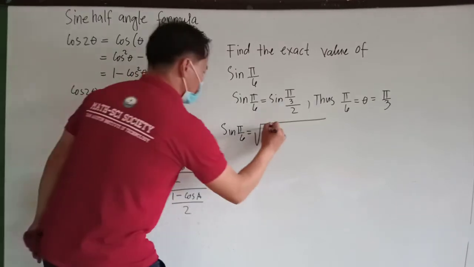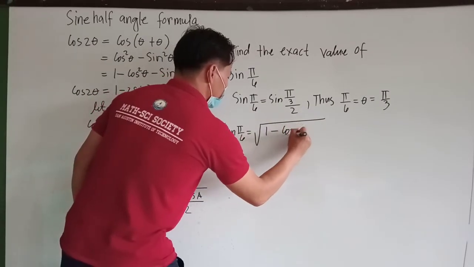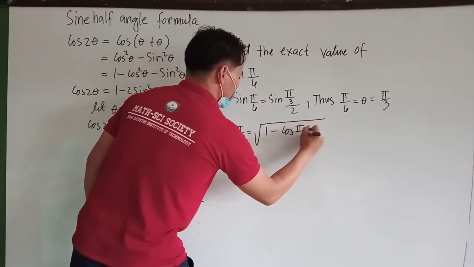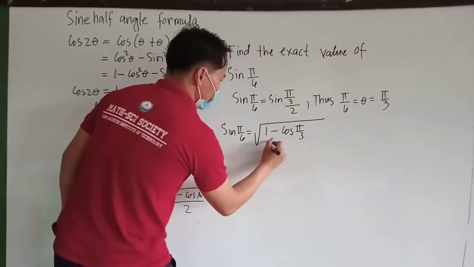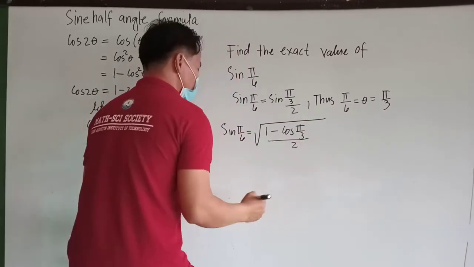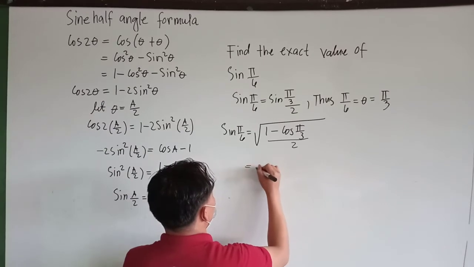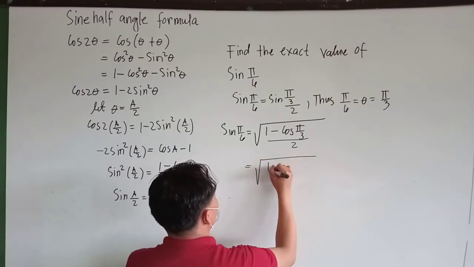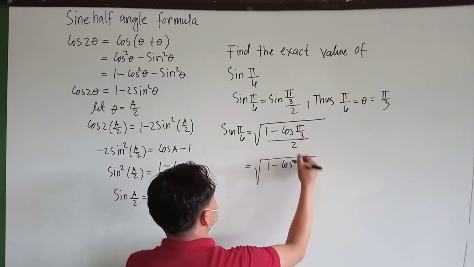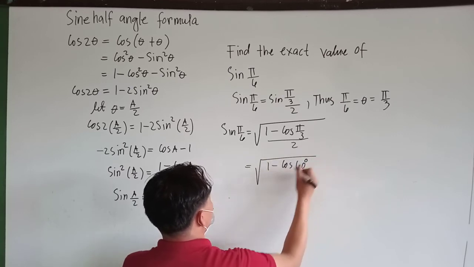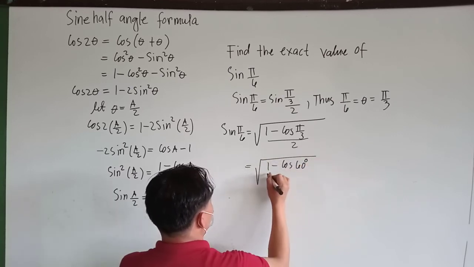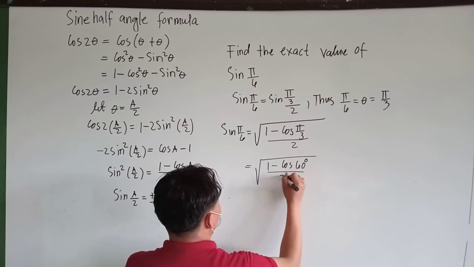So 1 minus cos of pi over 3, the value of a, over 2. Then simplifying, pi over 3 is actually 60 degrees, which we converted into radian measure.